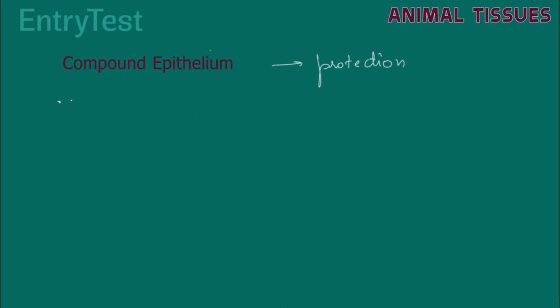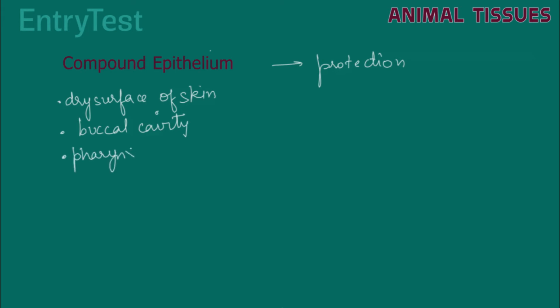Usually they're found on the dry surface of the skin or on the moist surface of the buccal cavity, even in the pharynx, the inner lining of the ducts of the salivary glands, and even in the pancreatic ducts.